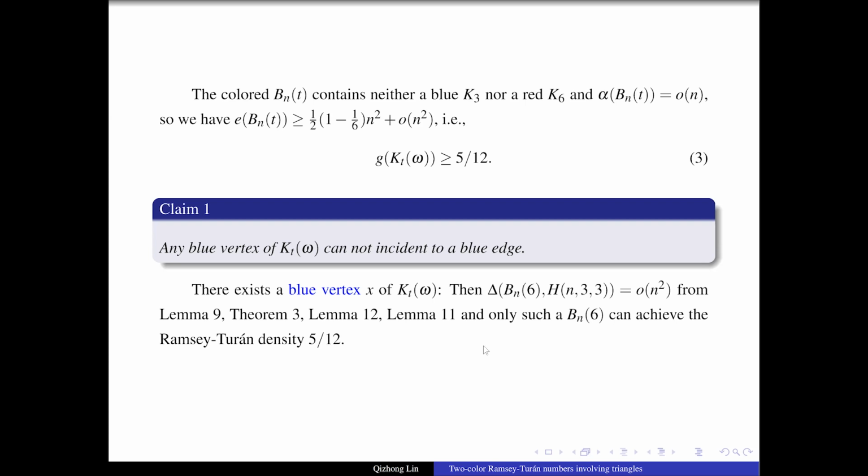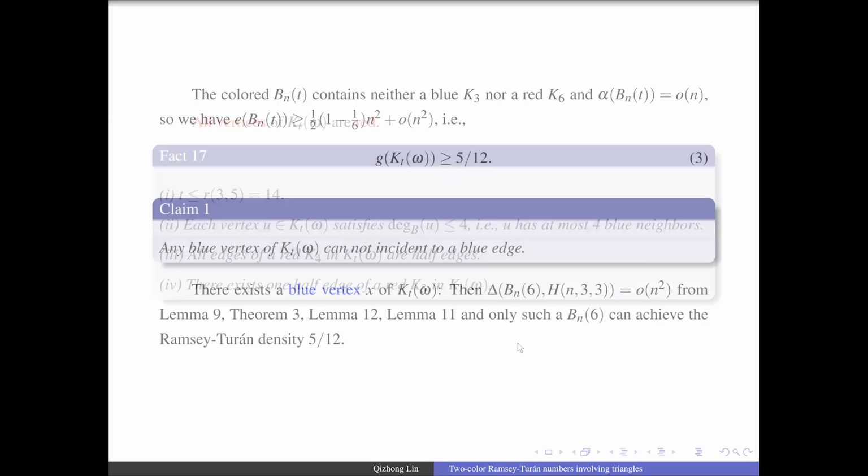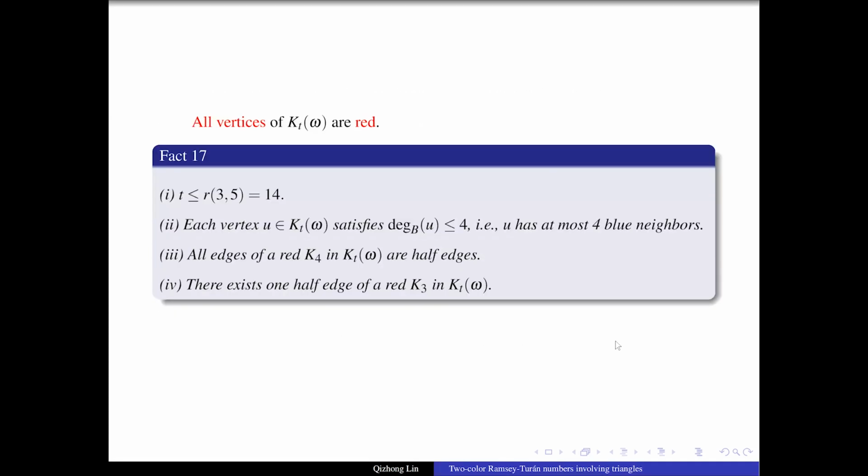So we may assume that all vertices of K_t^ω are red in the following. In order to complete the proof, we should force out some special properties and structures. In particular, we should show the following fact. For example, t is no more than 14.